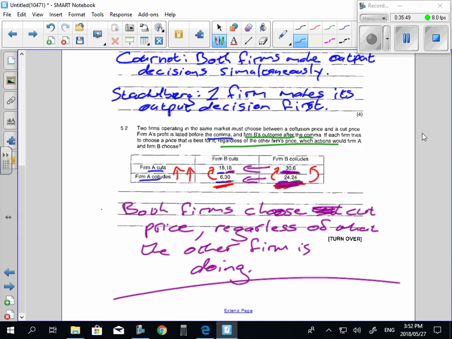Yeah, you should probably include a little bit more detail for the 6 marks. Yeah, I've got a model answer in the notes. Check in your notes.